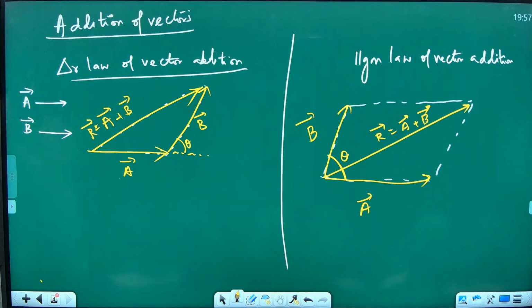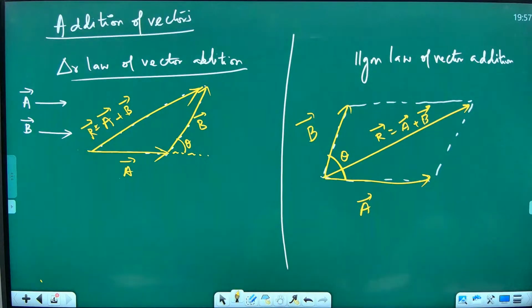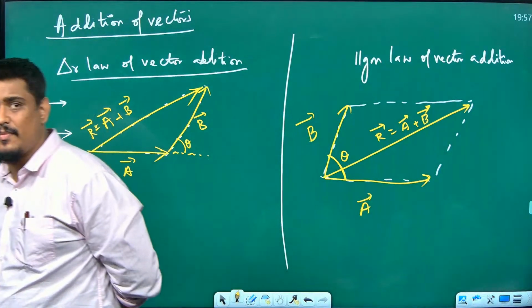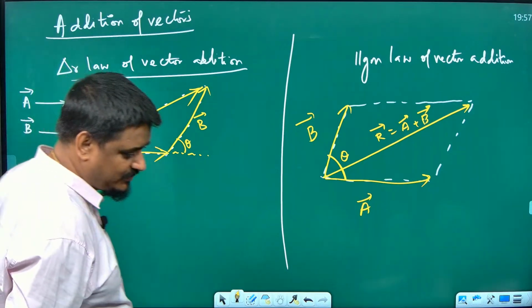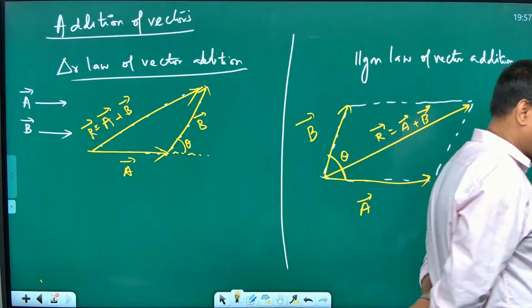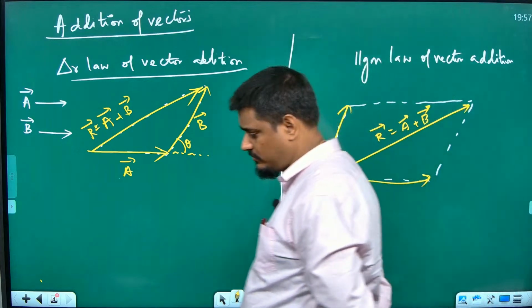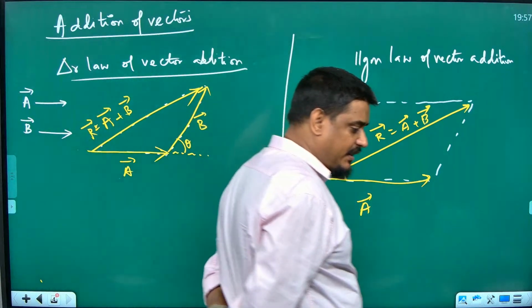Then the closing side of the triangle, kept in the opposite order, gives the resultant. In bracket you can write A vector plus B vector. It gives the resultant A vector plus B vector.